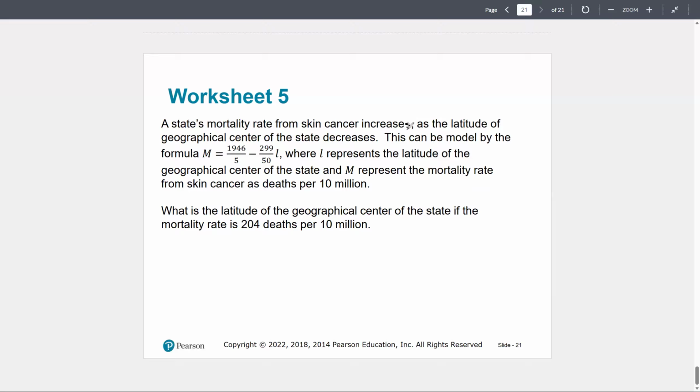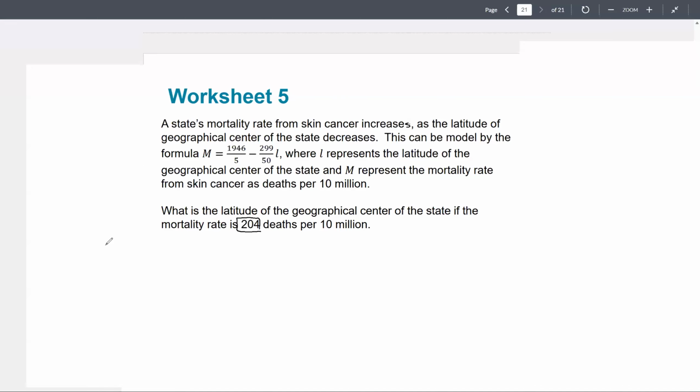What is the latitude of the geographical center of the state if the mortality rate is 204 deaths out of 10 million? So this right here, that's the number you have to worry about. Don't worry about the 10 million. So take a moment and work on this question.